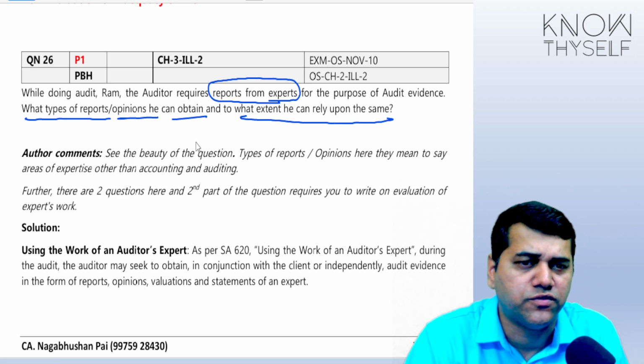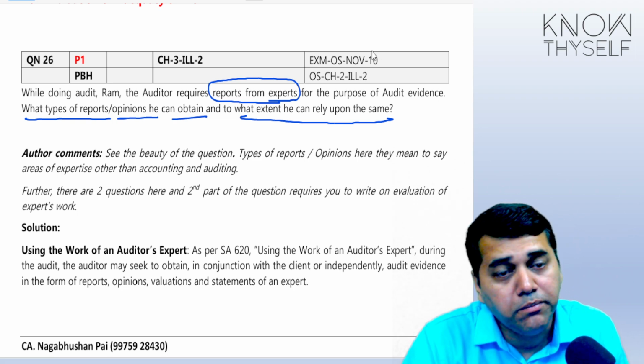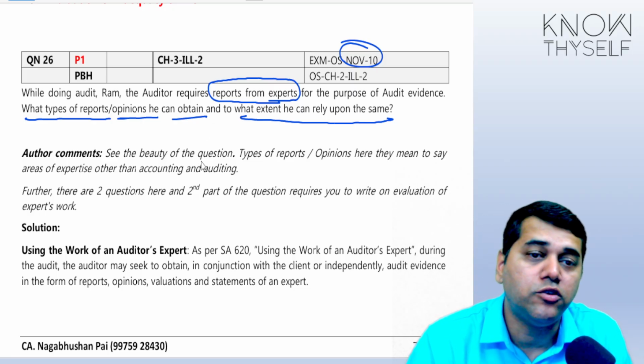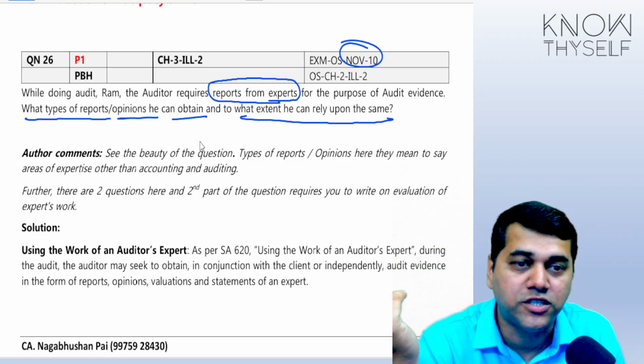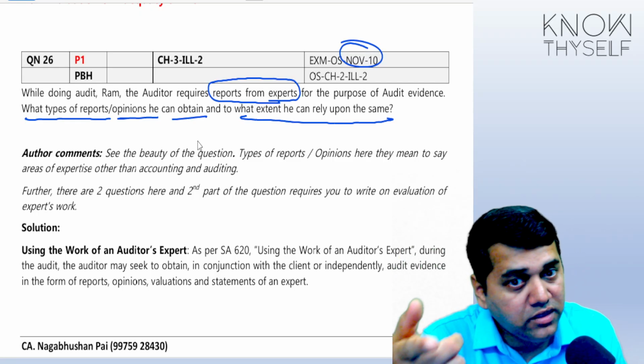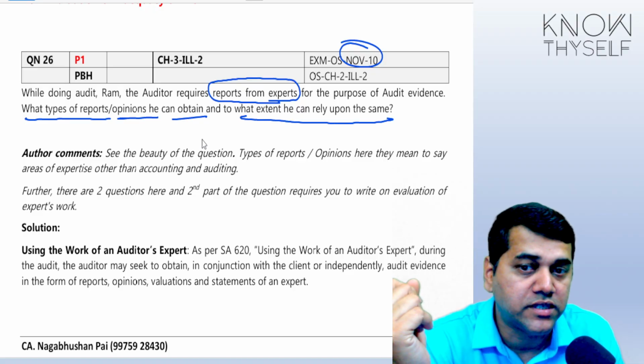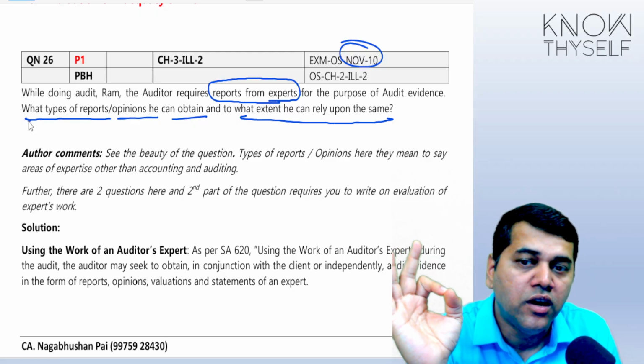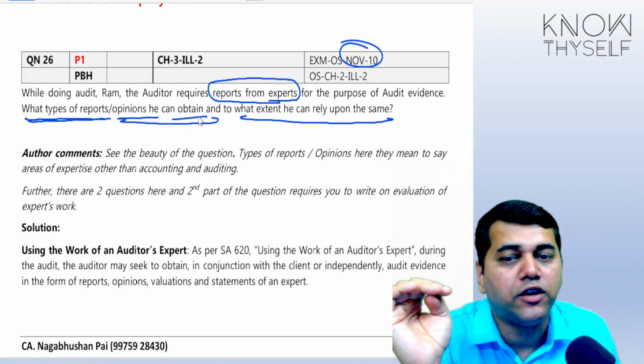Very good question, friends. In November 2010 this question was asked, and they didn't have case-based questions then, but look at the depth of the question, the way they have asked. Have they told you what exactly they are looking for? They said, what type of reports or opinion can you obtain?